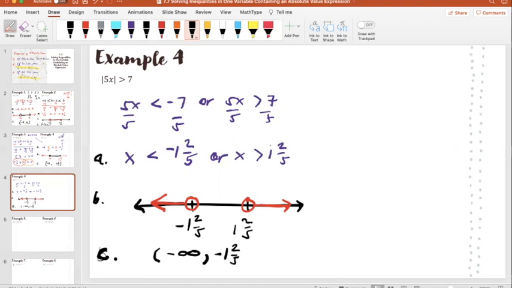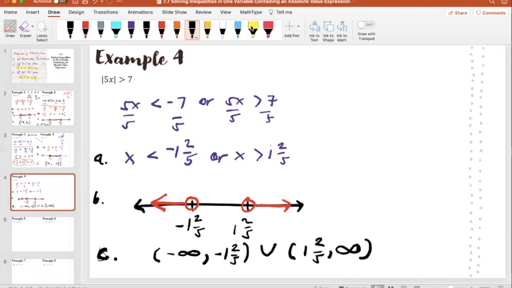What shall we use to enclose this, parentheses or bracket? It's going to be parentheses, and then the union symbol for or. Now the ray that goes to the right, it's positive 1 and 2 fifths, parentheses, and then arrow to the right, positive infinity, and then parentheses. Always use parentheses for infinities.